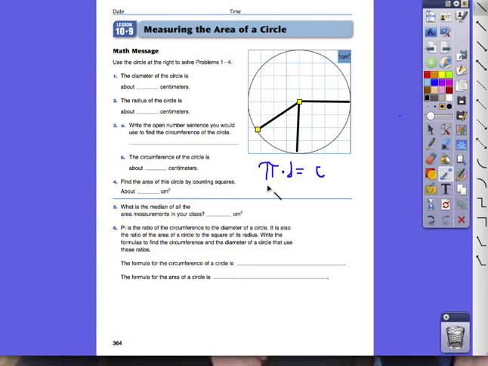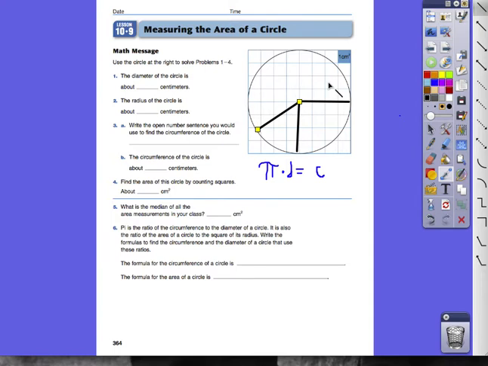So we take 3.14 times our diameter, which is the distance all the way across. Now today we're going to take that knowledge one step further. We were working on the perimeter, or the distance around, and today we're going to be finding all of the inside.